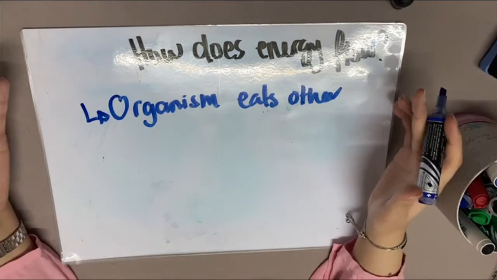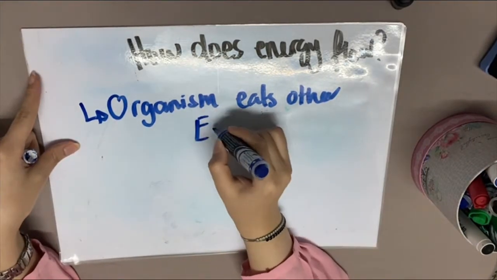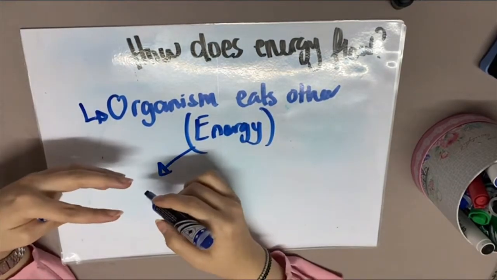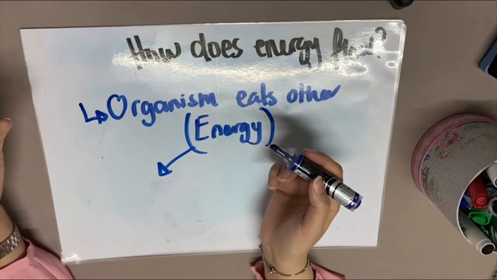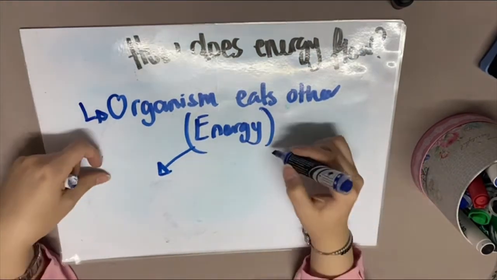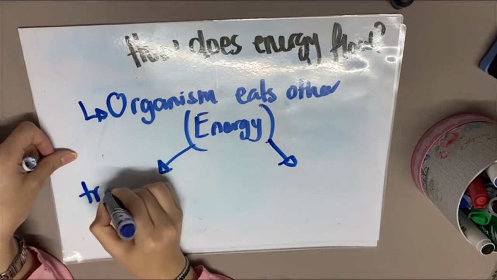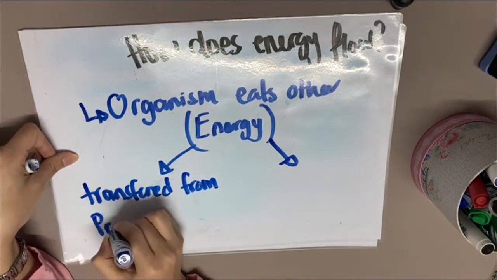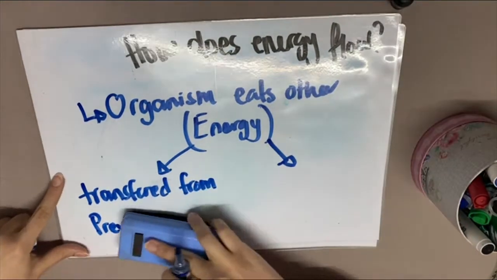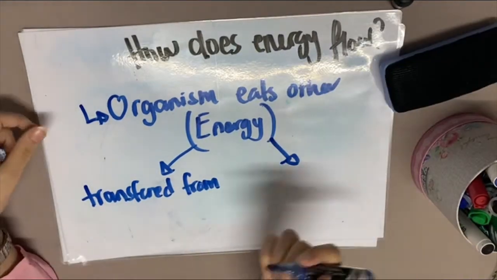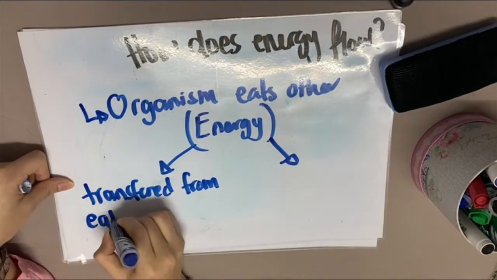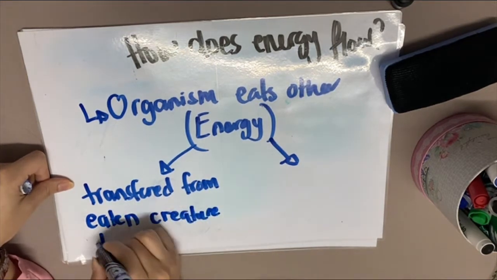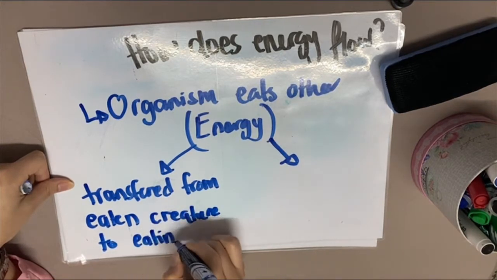What happens to this energy? It's cut into two parts, not two halves actually. Energy is cut into a part where the energy of the organism that is eaten is transferred, not from prey to predator, because that's not how all the relationships are, but transferred from the eaten creature to the eating organism.